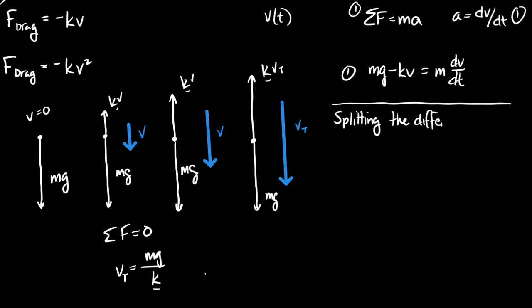First, multiply both sides by dt. That splits the derivative. So you'll get (mg minus kv) times dt equals m dv. Now step 2 requires that you collect like terms.